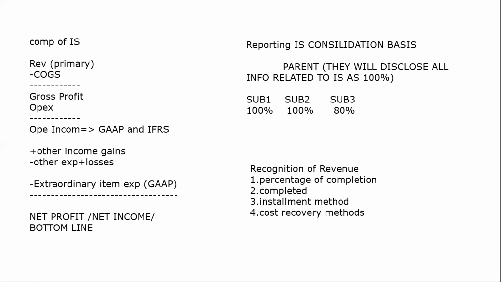Coming to the year 2007, $100 over 800 gives you 12.5%. So 12.5% of revenue should be earned in the corresponding year. By this, you will construct the income statement.